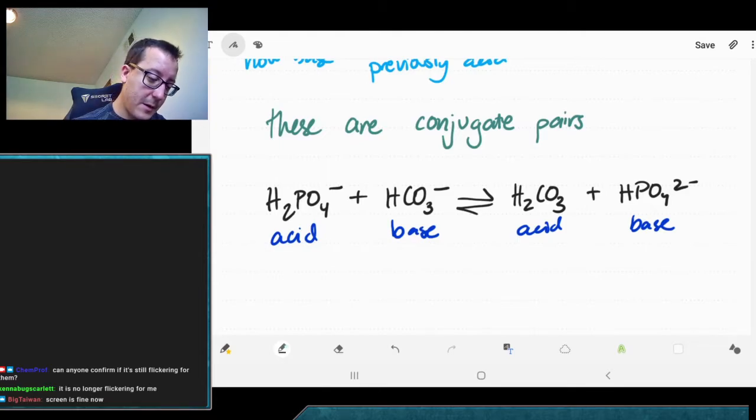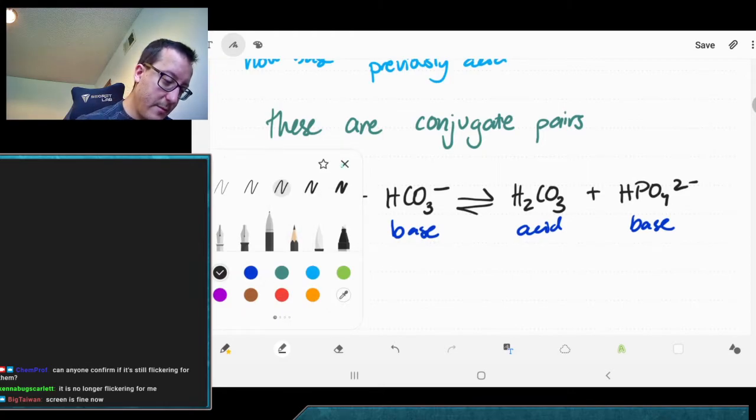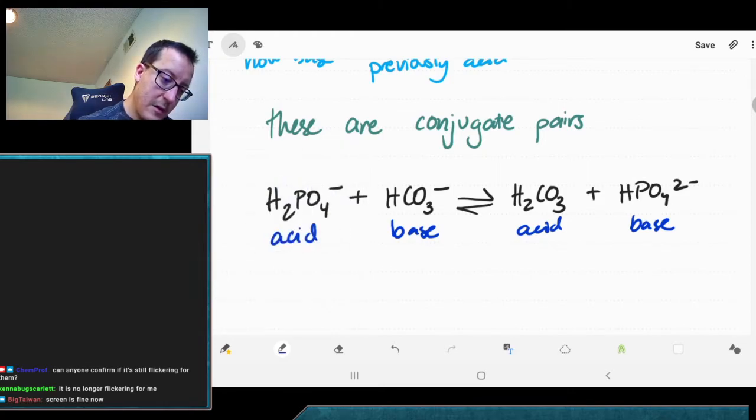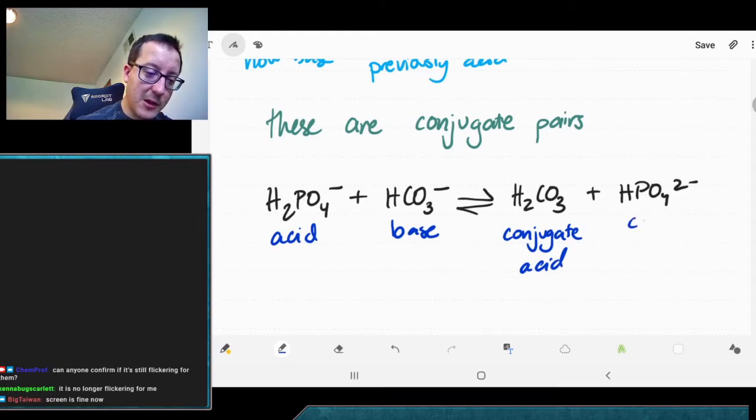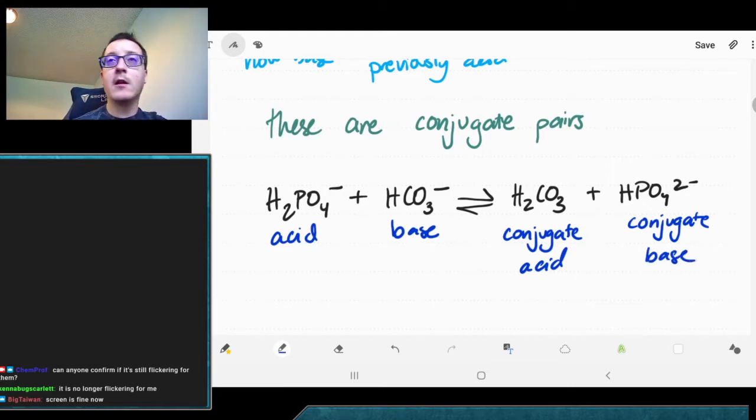And so just for purposes of clarity here, because these reactions can happen in both directions, we'll call just one of them by a special name. We'll call this one the conjugate acid. And this one will be the conjugate base. That just means it's on the other side of the reaction from what we started, and it can act as the opposite of what it used to be.